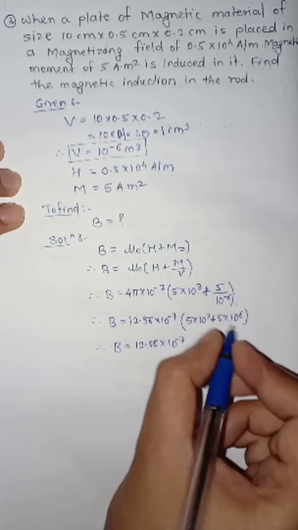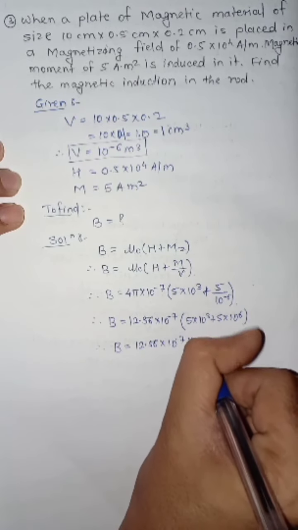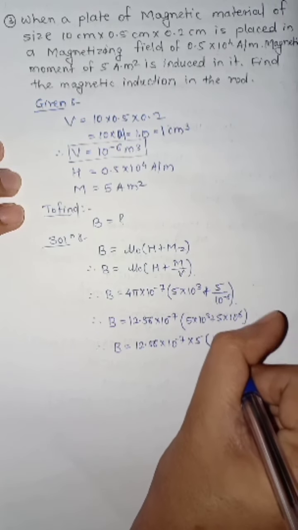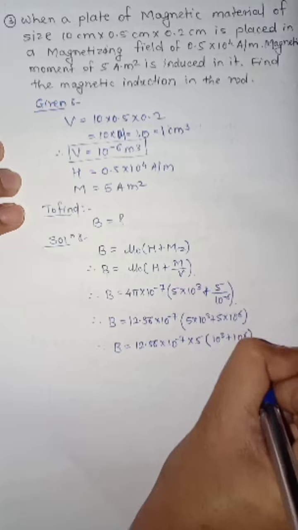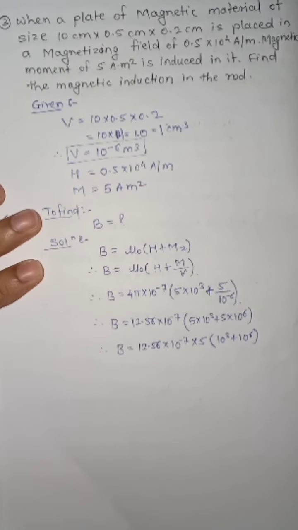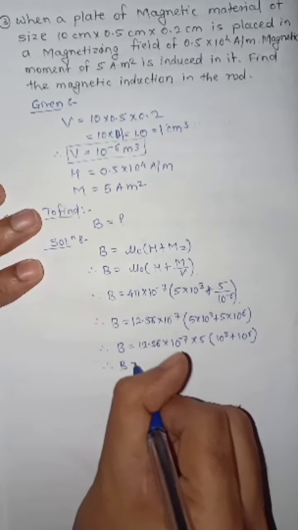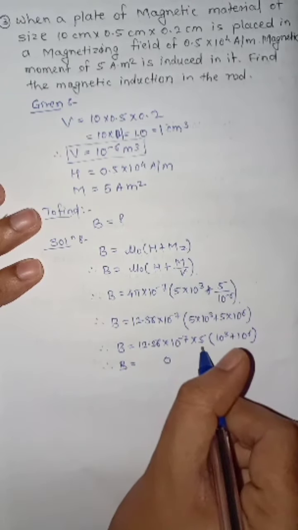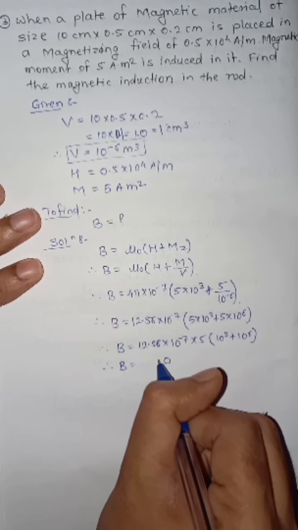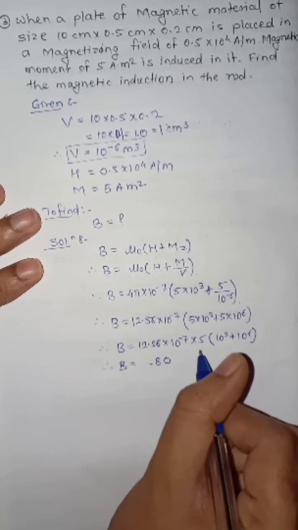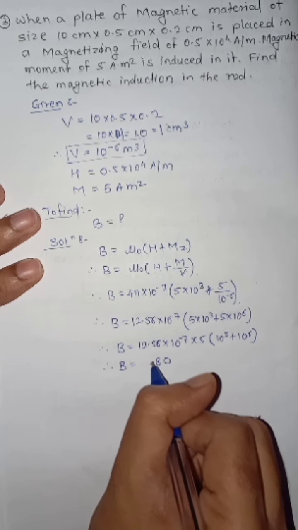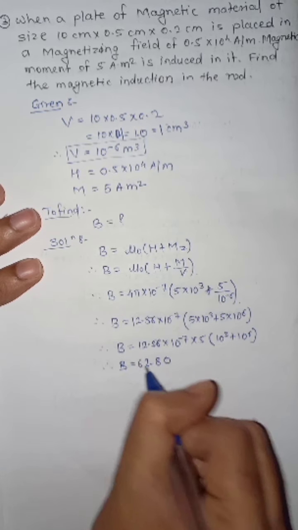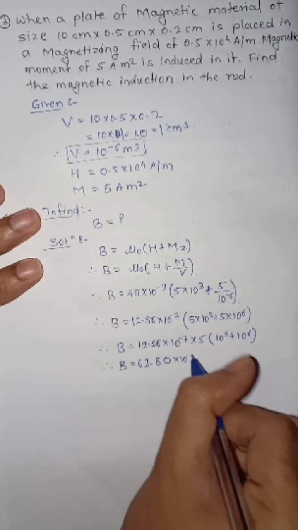Okay, we will take out 5 as a constant, and inside we get 10 raised to 3 plus 10 raised to 6. Now we will multiply here this 5 with 12.56. We get 5 6 are 30, 5 6 are 5 5 are 25 plus 3 28, 5 2 are 10 plus 2 12, and 5 1s are 5 plus 1 6, 62.80 into 10 raised to minus 7.